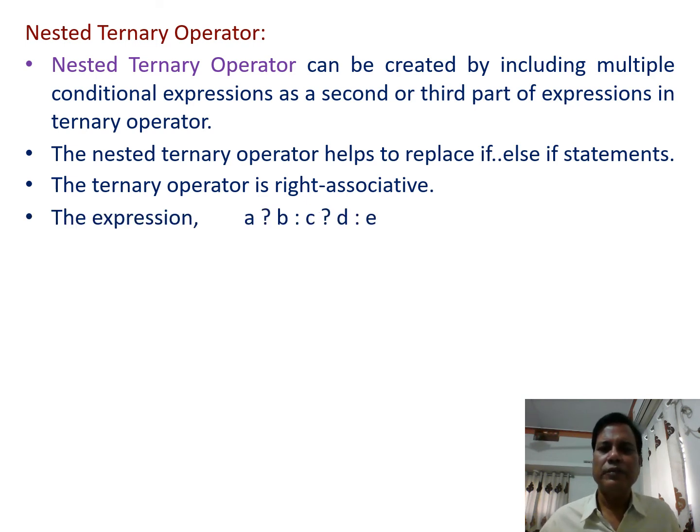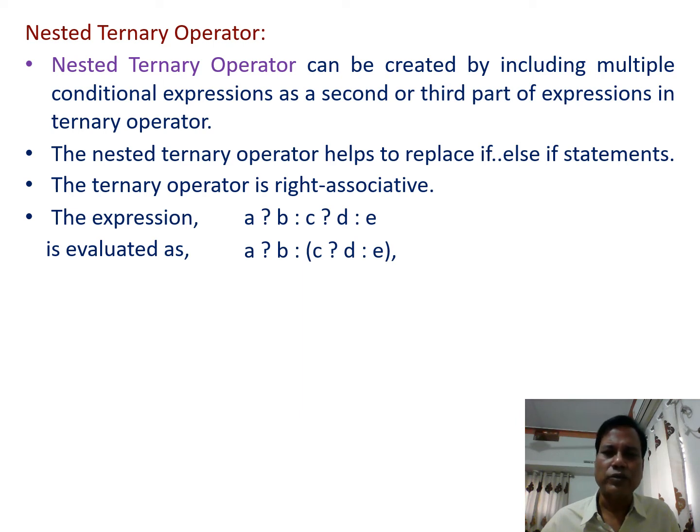The expression A ? B : C ? D : E is evaluated as A ? B : (C ? D : E), as it is right associative.